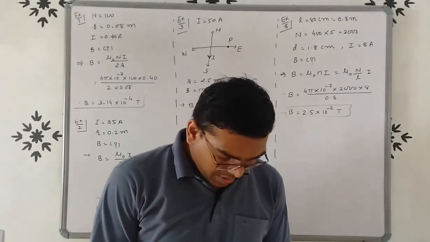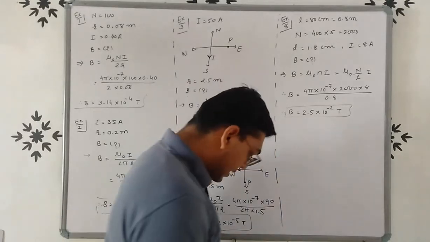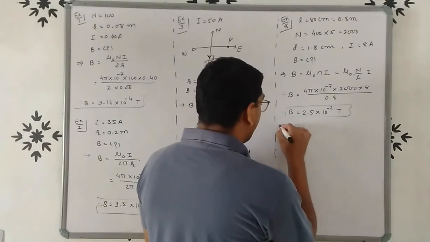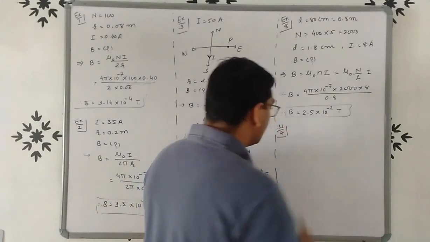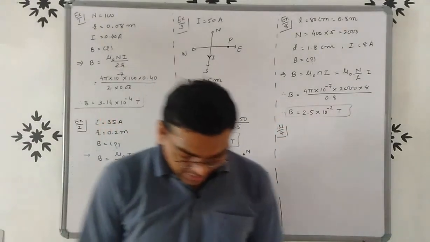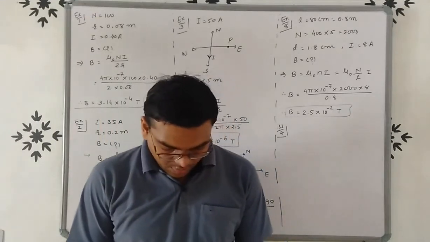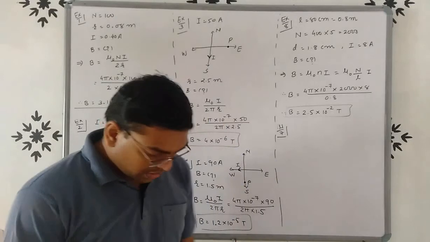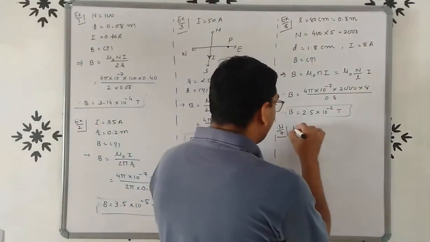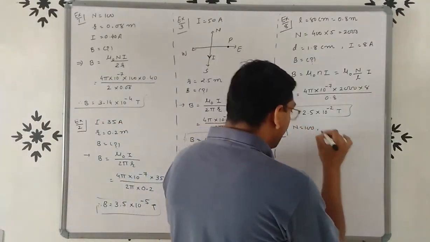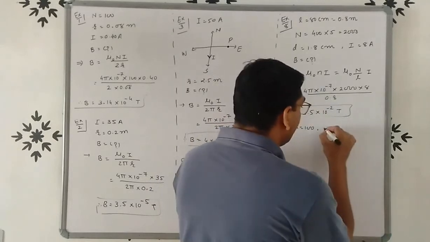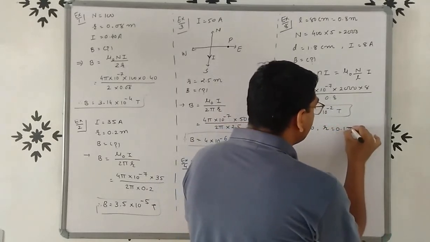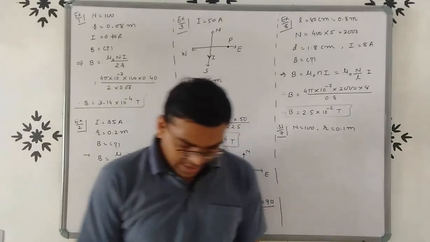Illustration number 7. Consider a tightly wound 100 turn coil of radius 10 cm. So total number of turns is 100, and here the radius is given as 10 cm, so we can say 0.1 meter, right?